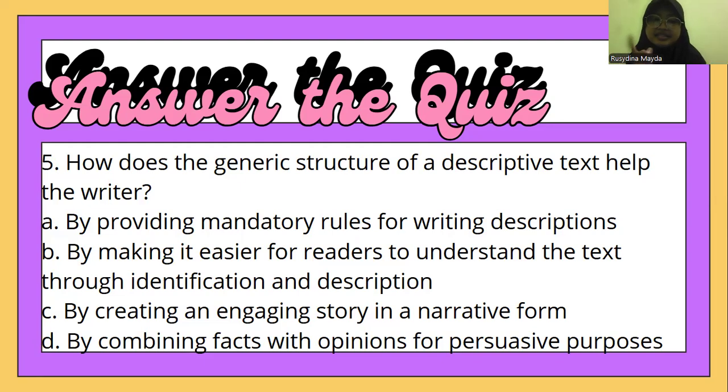And D. By combining fact with opinion for persuasive purposes. I will give you 15 seconds to think about it and write the answer in your book. Okay, time is up.